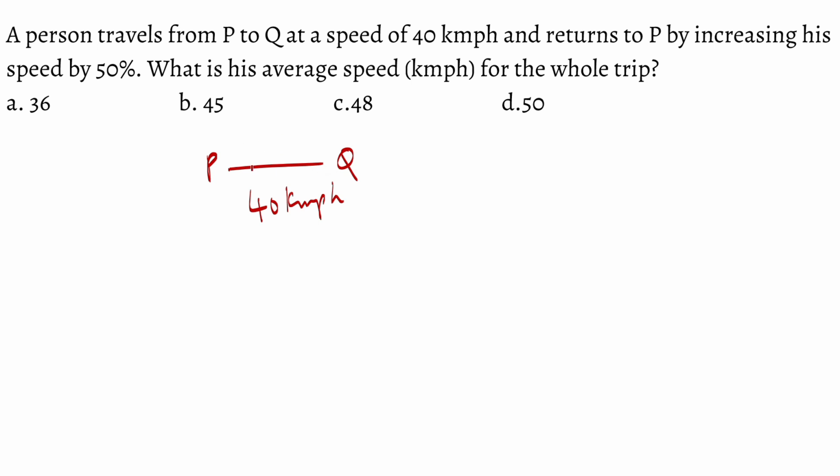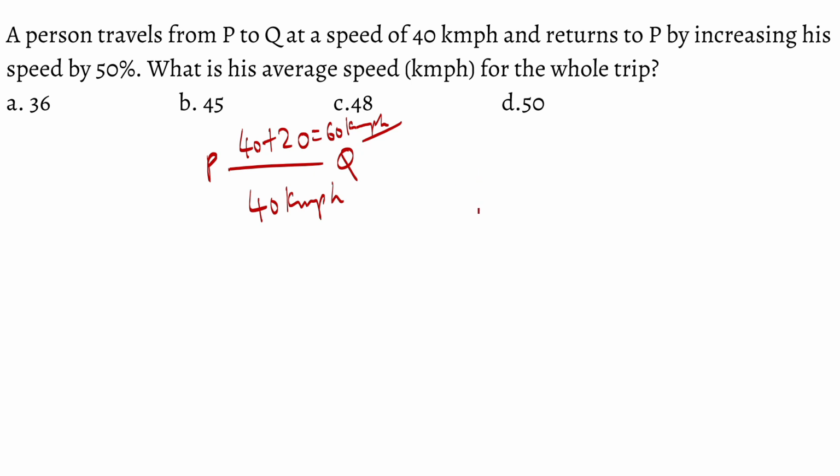He increased his speed by 50%, so that is 40 plus 50% of 40, which is 20. So 60 kmph is the return speed.